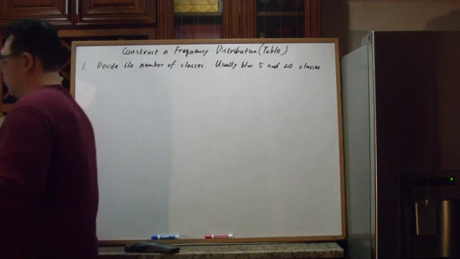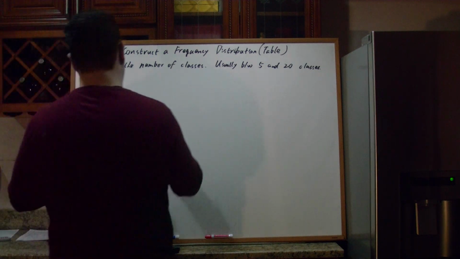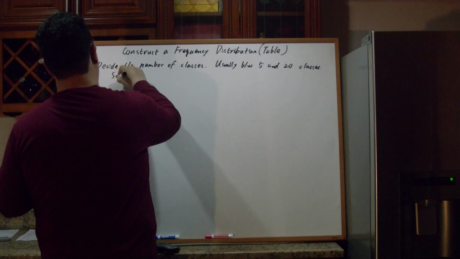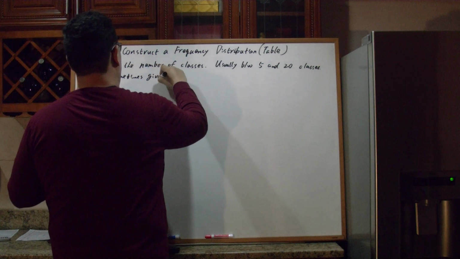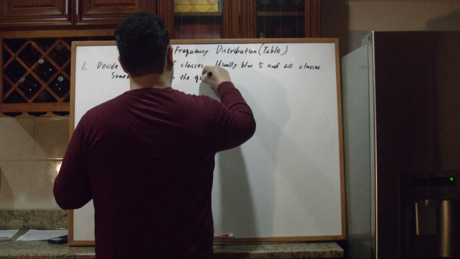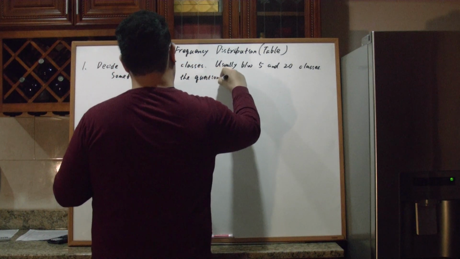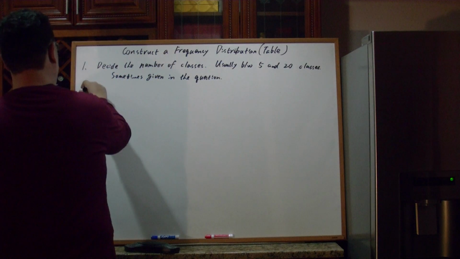Usually we decide between 5 to 20 classes, and sometimes if it is a question, it will be given. Alright, the second step is to calculate the width.